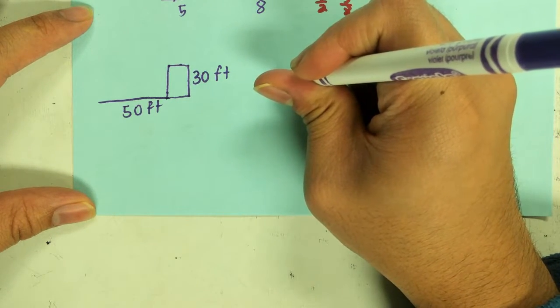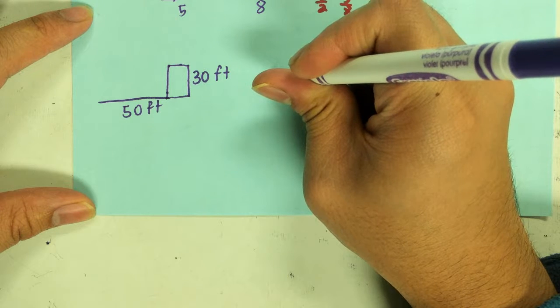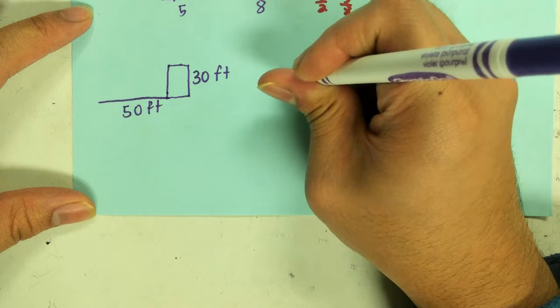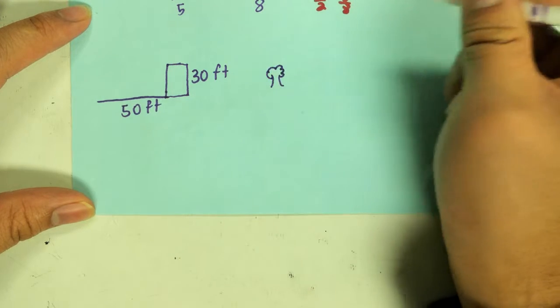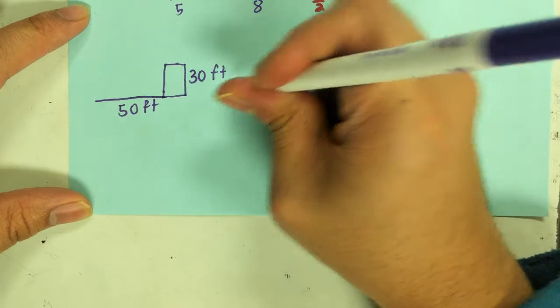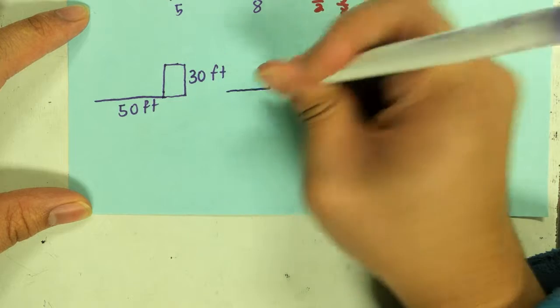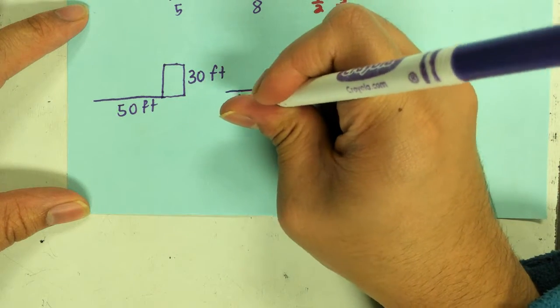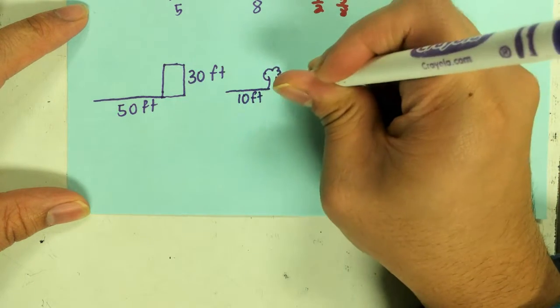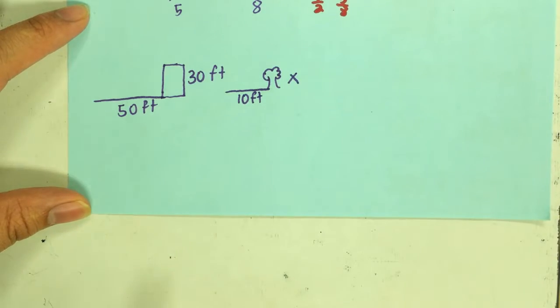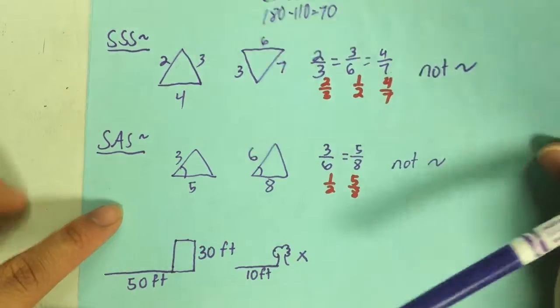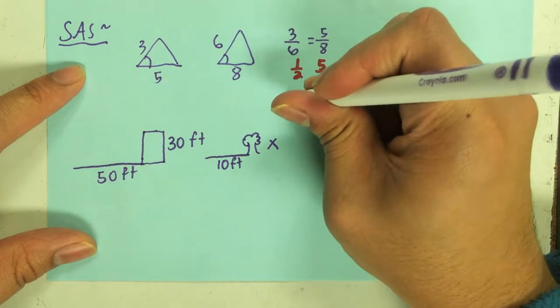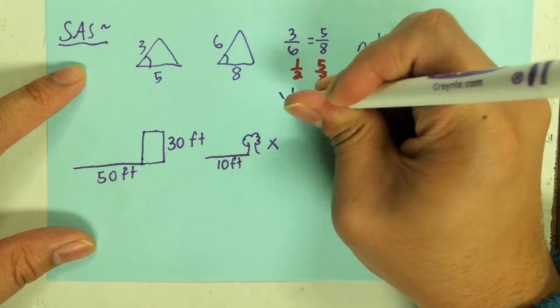Similarly, we have over here a tree that has a shadow of 10 feet, and we want to figure out how tall the tree is. And we have the sun up here.